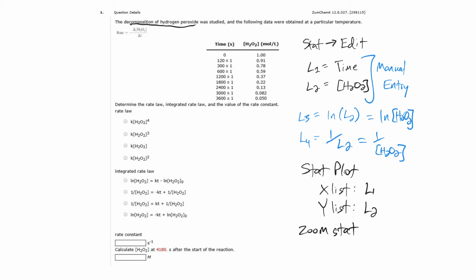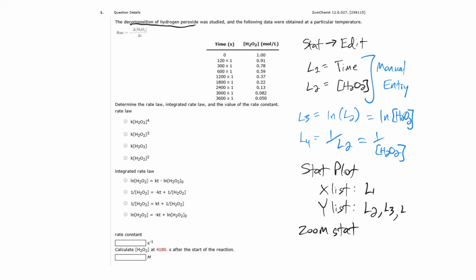And ask yourself, does that plot look like a straight line? And when we're looking for a straight line, I mean exactly straight. If not, then go ahead and plot L1 against L3 and zoom stat and see if that's a straight line. And it's got to be exactly straight.